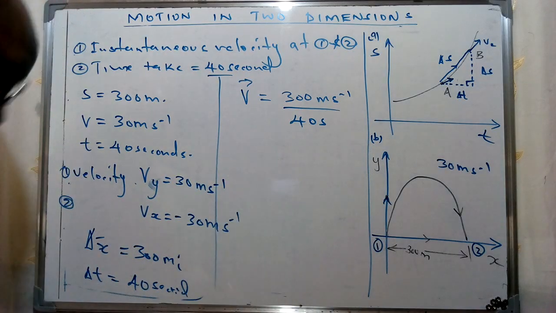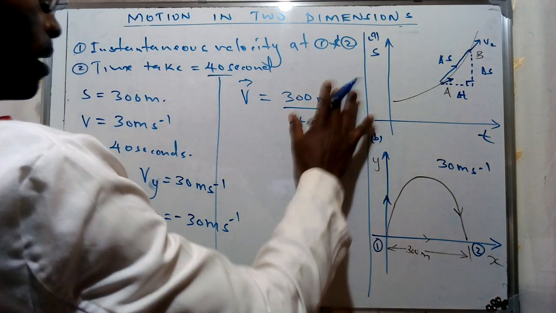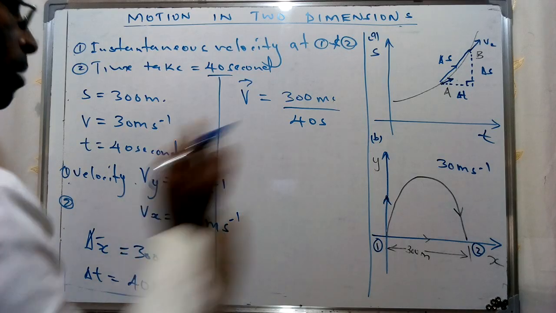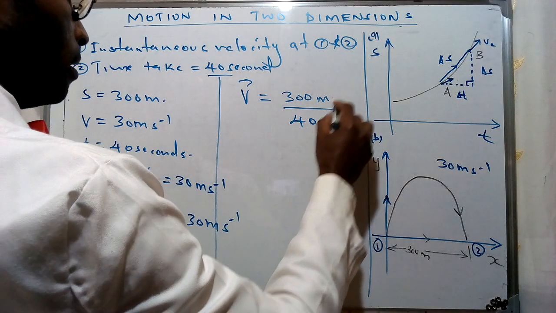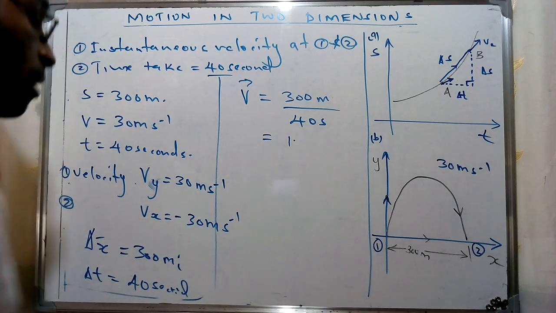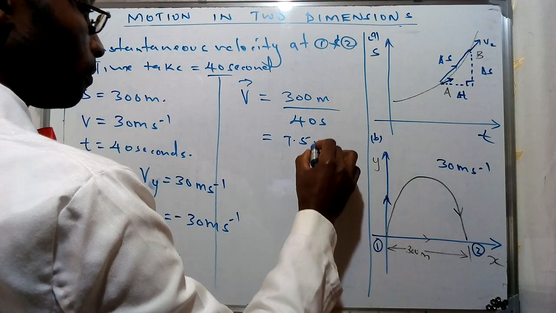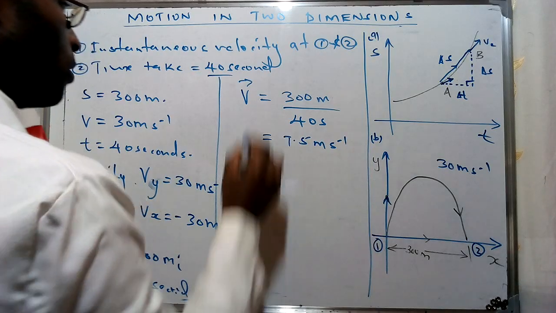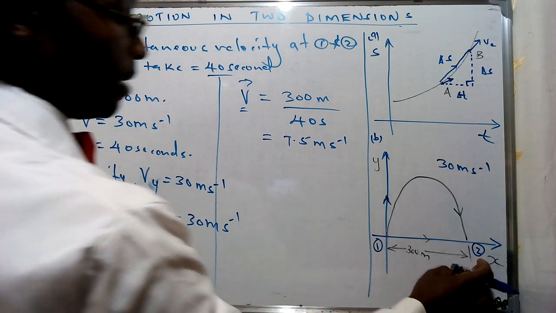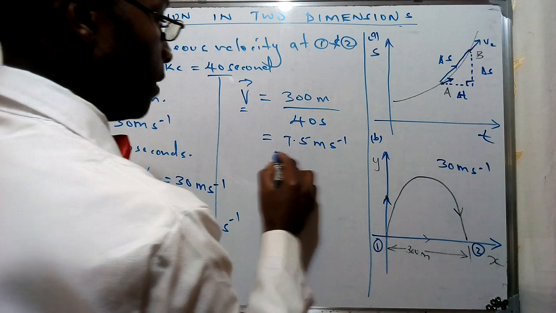So this is displacement of 300 meters in the x direction, and this is 40 seconds. Therefore we have a value of 7.5 meters per second. So this is the velocity, considering the displacement from 1 to 2, which is along the x, and the time taken.